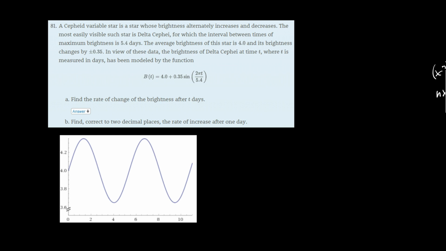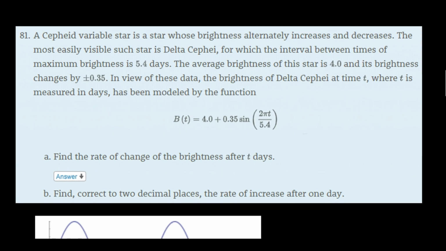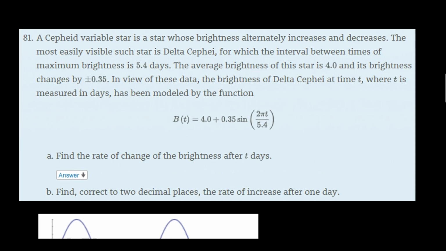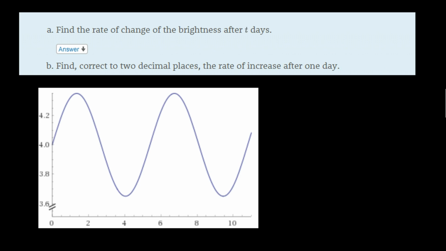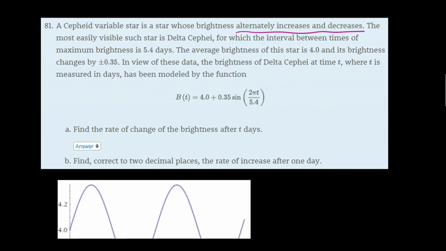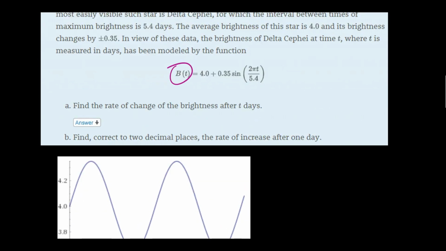All right, so here's the next one I want to do. Basically, we have the equation for a star's brightness. It alternately increases and decreases, the brightness does. So B is the brightness and T is the number of days.